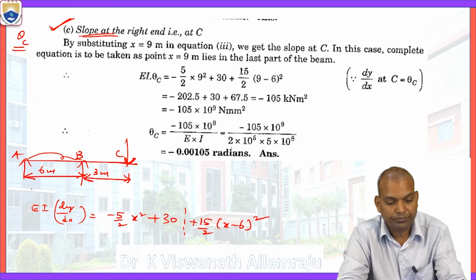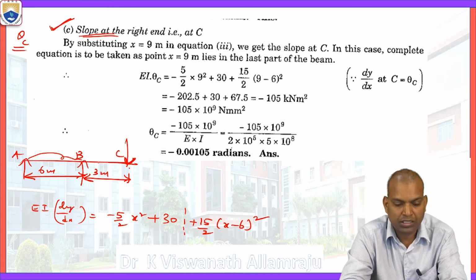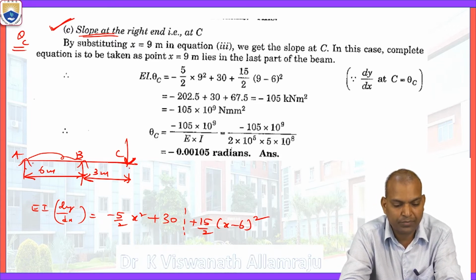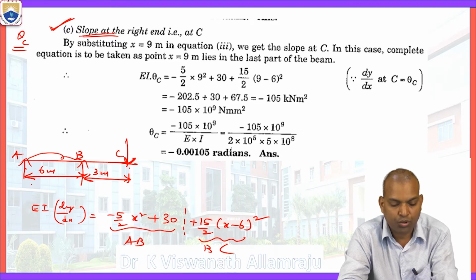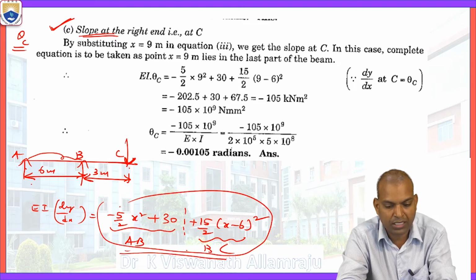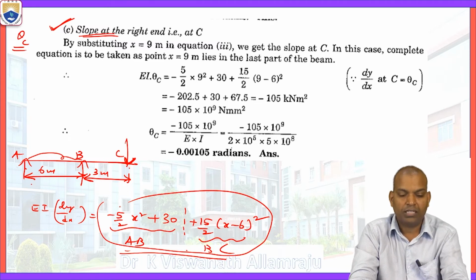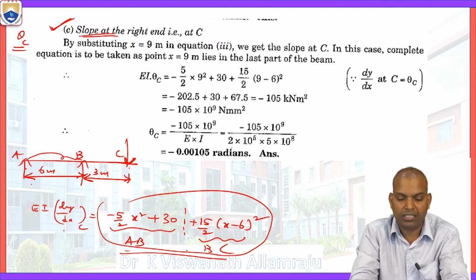Here the portion C we want, that means from the left support up to C, that means the first portion A to B, and it is B to C. So we want the total up to C, that means A to C, we have to consider the total distance. That is the slope equation at C, theta C.